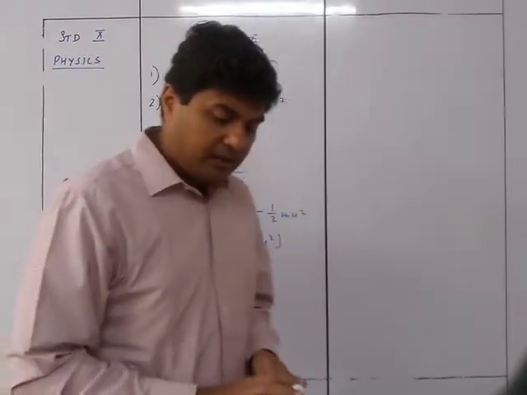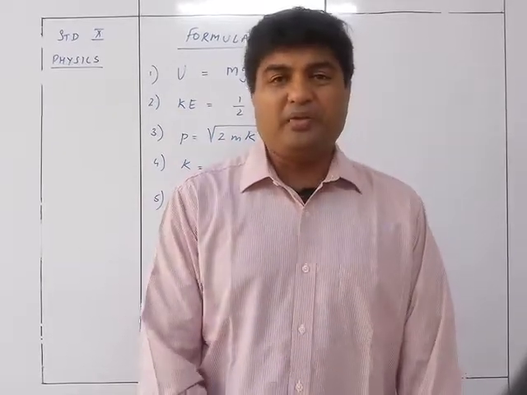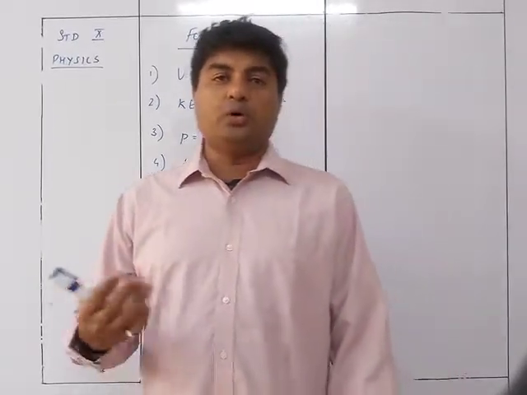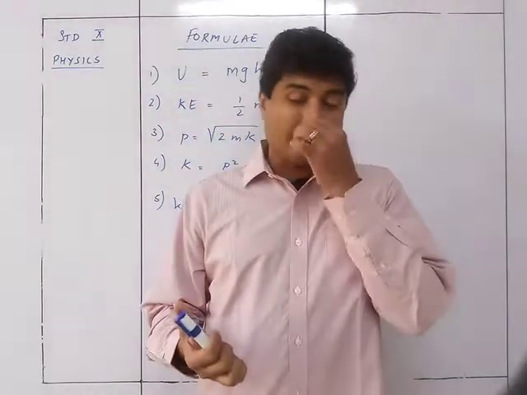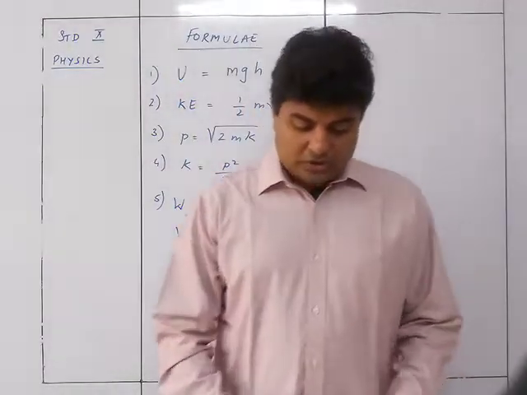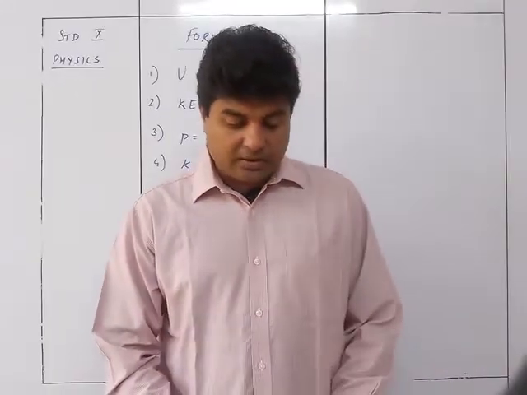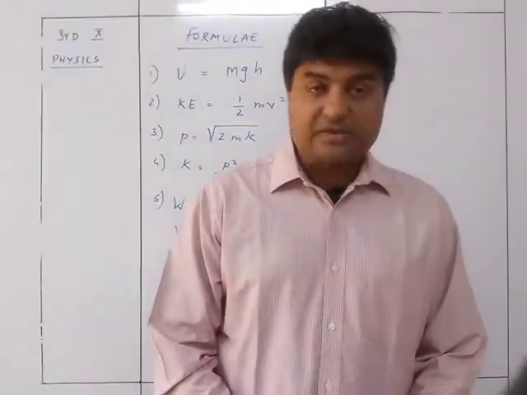Apart from that, I don't think we will be using any other formula, except maybe for force, F is equal to m into g or m into a, or work is equal to F into s. That we can always see, because that's already done in the previous lectures.